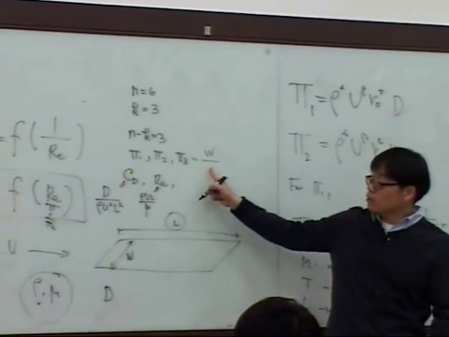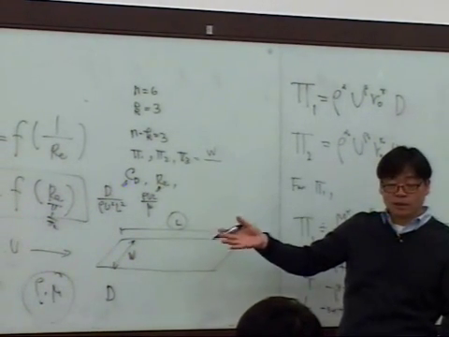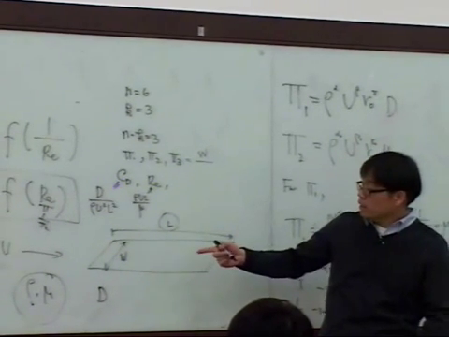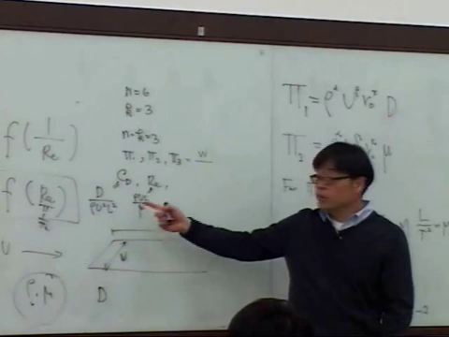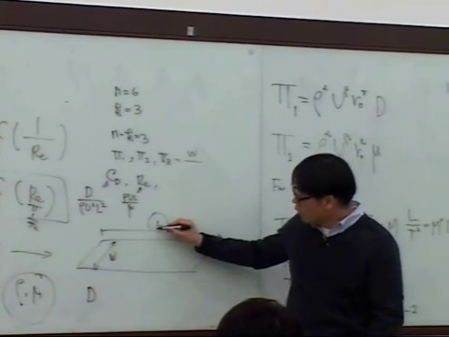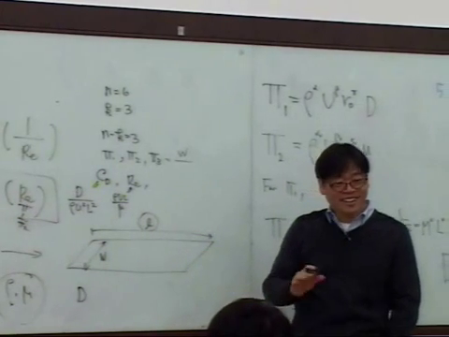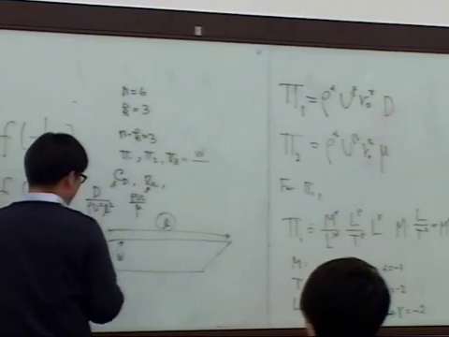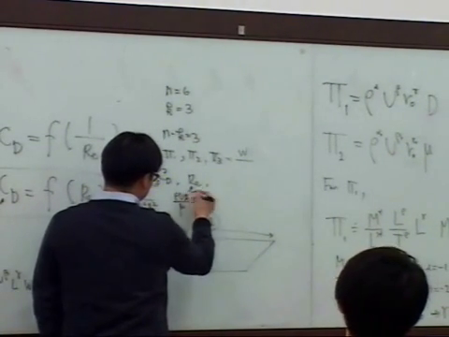So this time I look at the repeating variables L and rho u, and the variable that I should use, small l to not confuse you, has the dimension length.